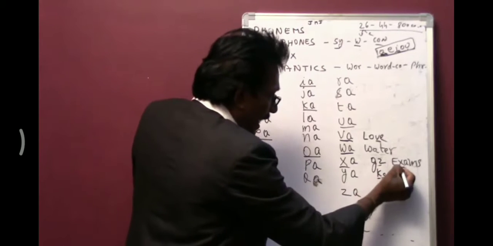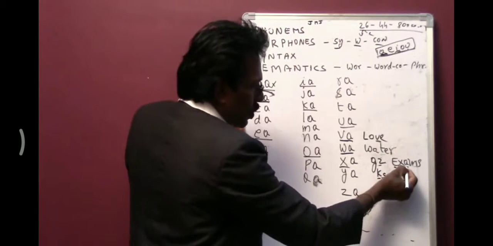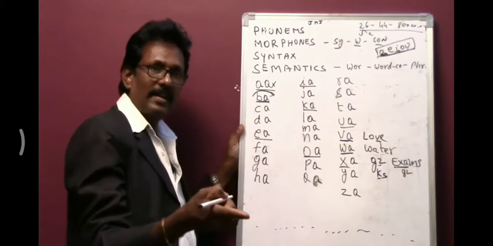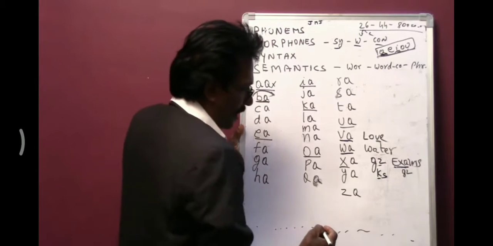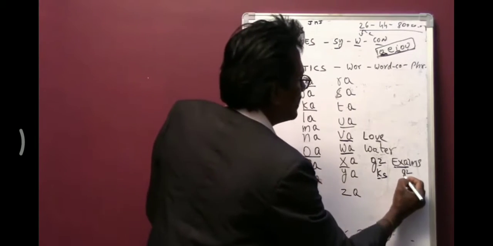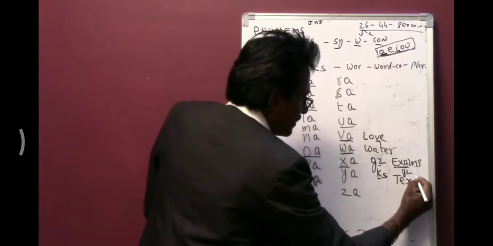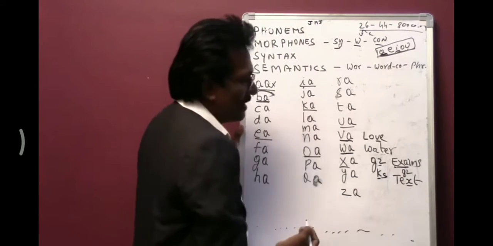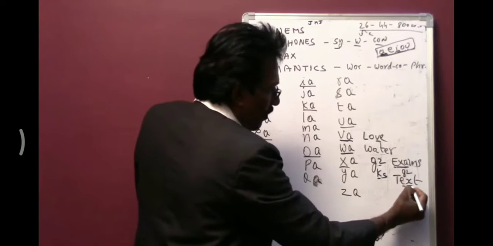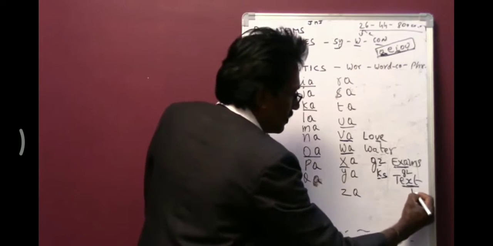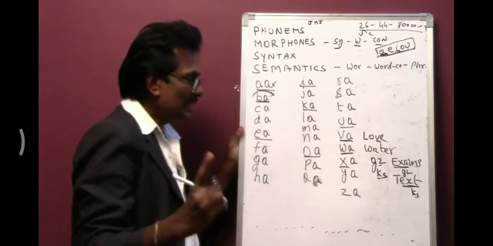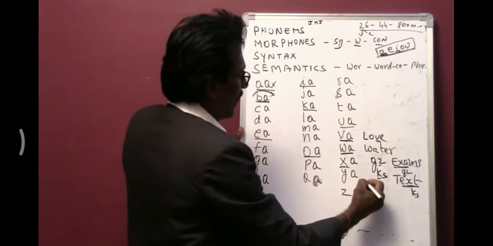When X is accompanied by 2 vowels on both sides, it sounds za. Now next, T-E-X-T, text. When X is accompanied by one vowel and one consonant, it sounds ksa. Text.